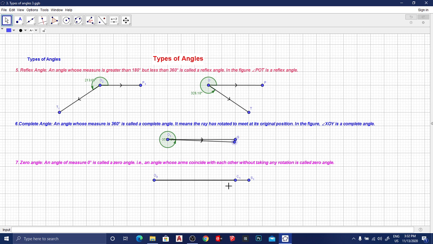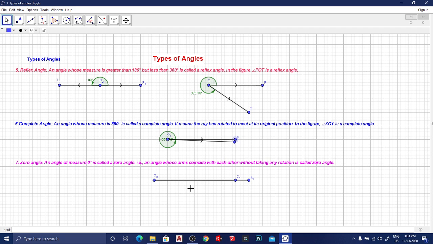An angle greater than 180 and less than 360 is called a reflex angle. When an angle completes one rotation and has 360 degrees, that is called the complete angle. And an angle formed without taking any rotation is called zero angle. This is the 7th angle. All these 7 types of angles are there.